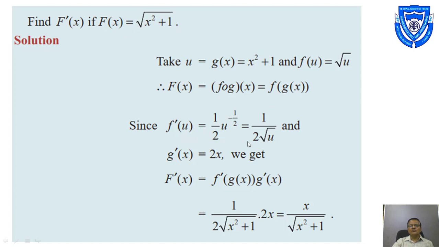Derivative of root u is 1 upon 2 root u, and derivative of x square plus 1 is 2x. So by using chain rule, this is another form of the chain rule. Instead of writing dy by dx is equal to dy by du into du by dx, I have written it in a different form.